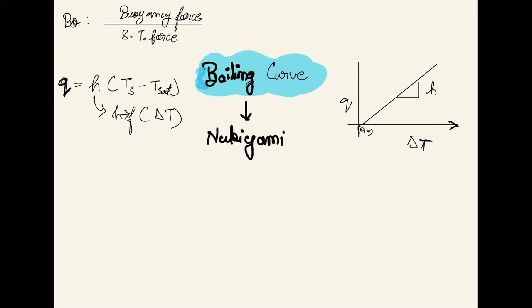What he did was, he took a pool of water, and then he inserted a wire across the pool. This is how Nukiyama's setup looks like. He took a pool of water, then he had a wire inserted in it, and the dimensions of the wire were known.